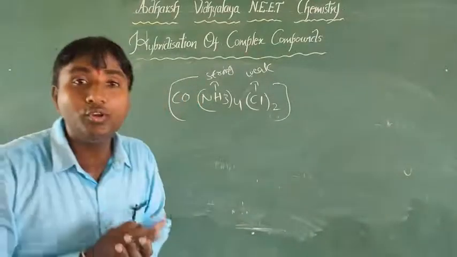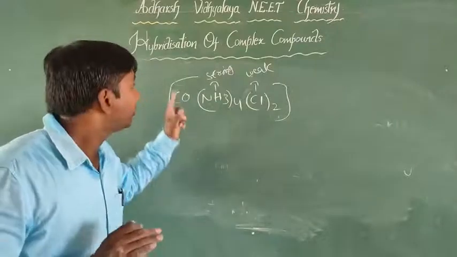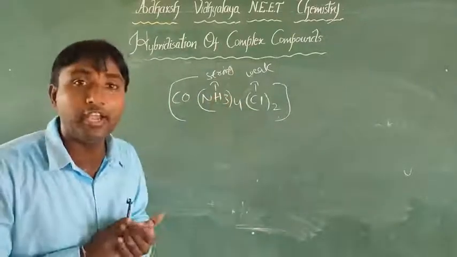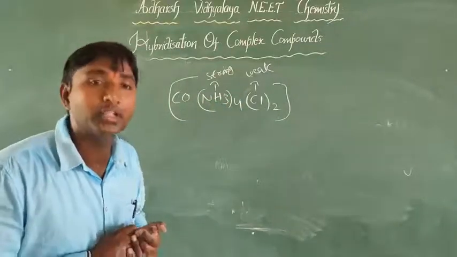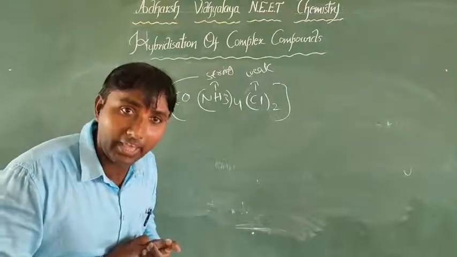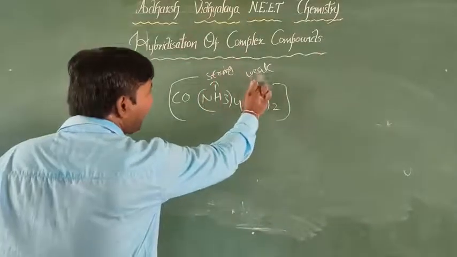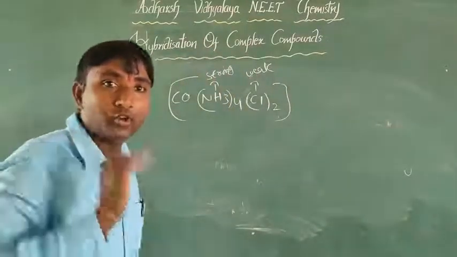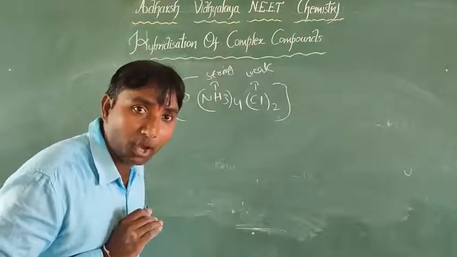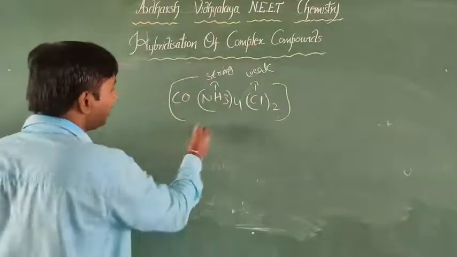So what rule do we have to follow? When strong field ligands and weak field ligands come together, we consider strong field ligands only. That's why, when strong field and weak field ligands are associated together in complex compounds, we consider strong field ligands only.